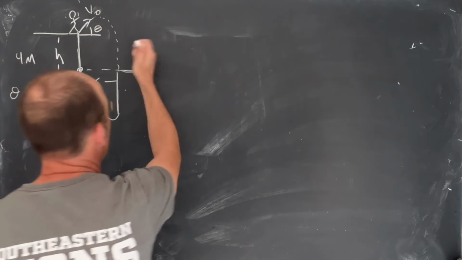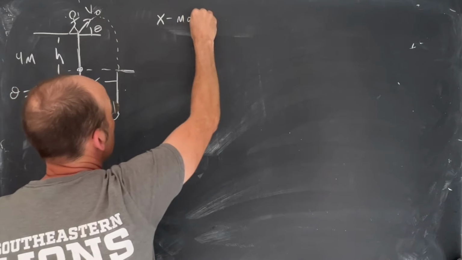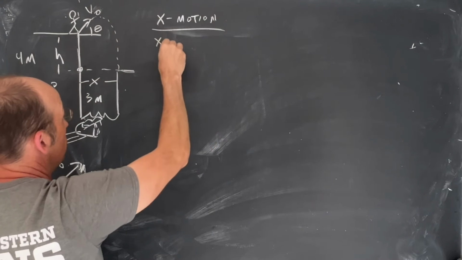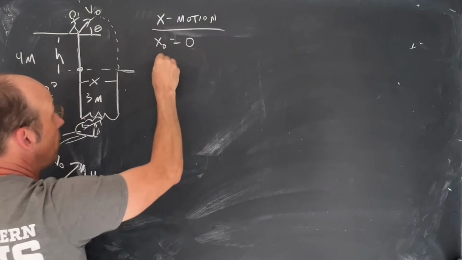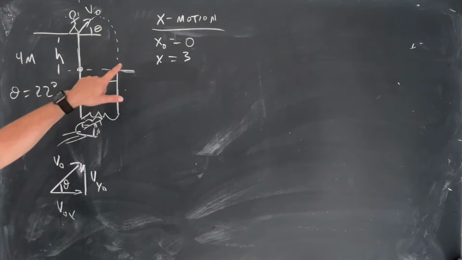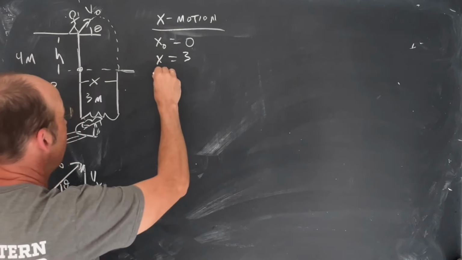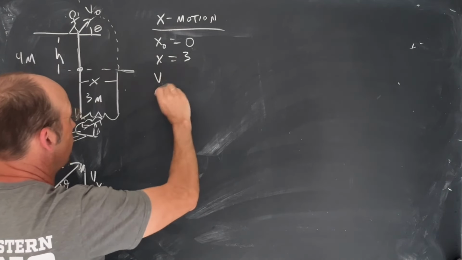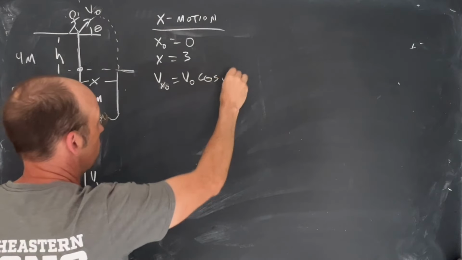So let's write down everything we know about our X motion. I know my initial X position is 0. I know my final X position is 3, because I want to end up over here at X equals 3. I also know my initial X velocity, vx0, is going to be v0 cosine theta.